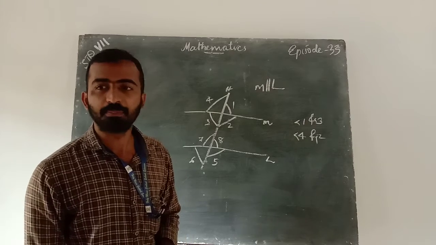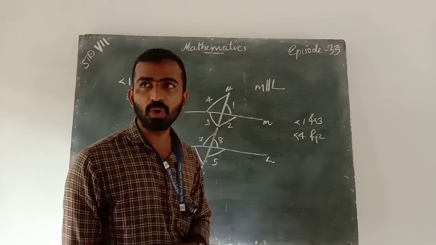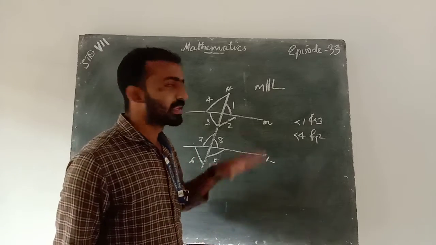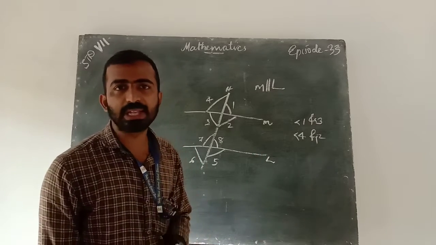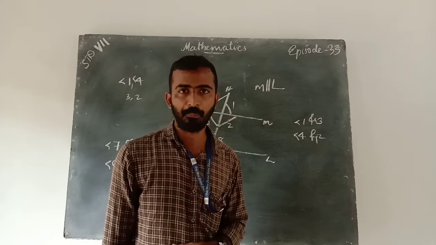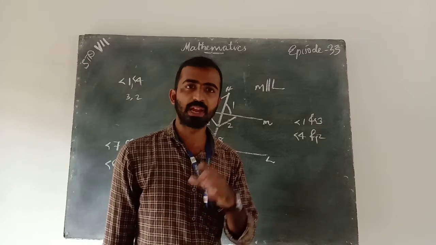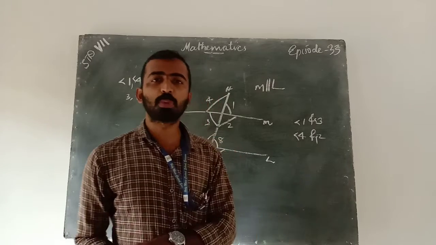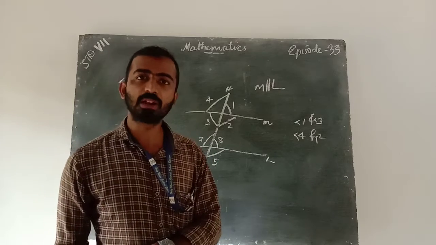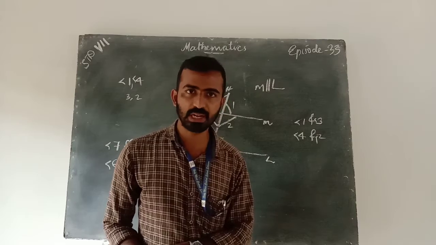That is, in parallel lines with a transversal line, the alternate angles are equal and the corresponding angles are also equal. Is it clear?